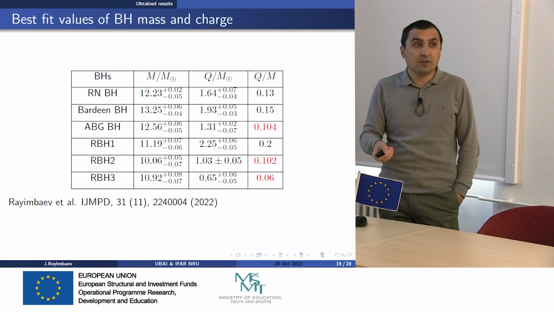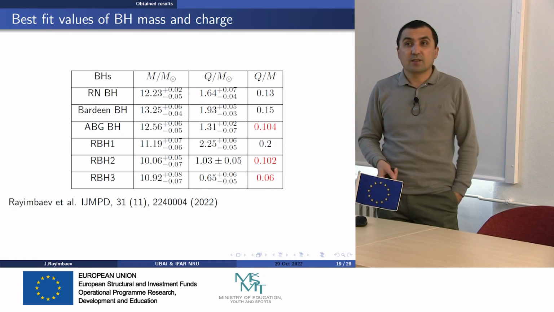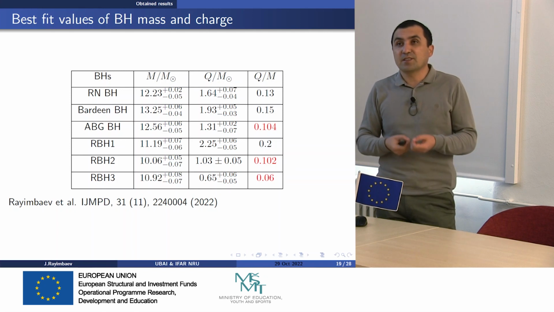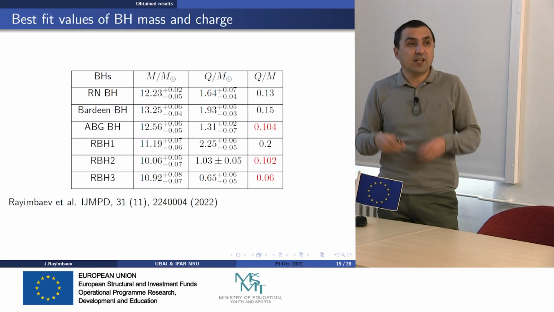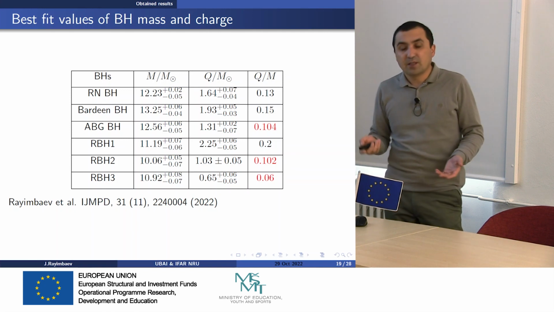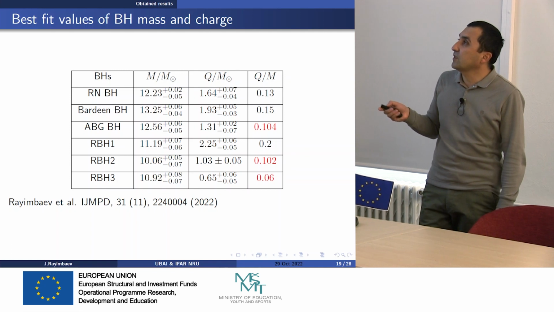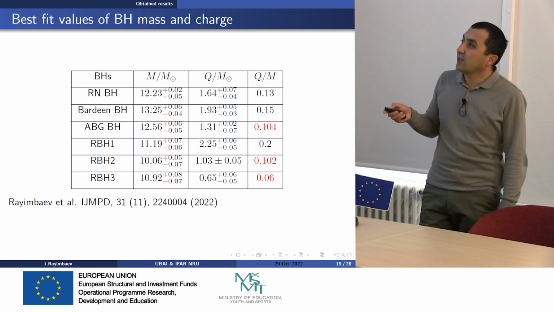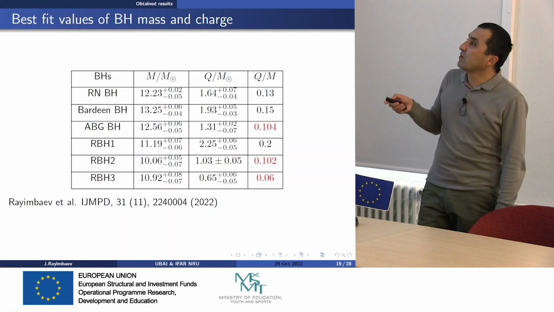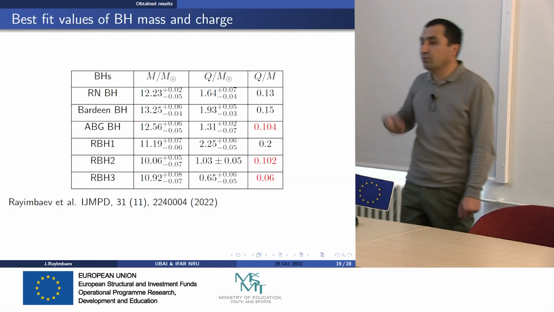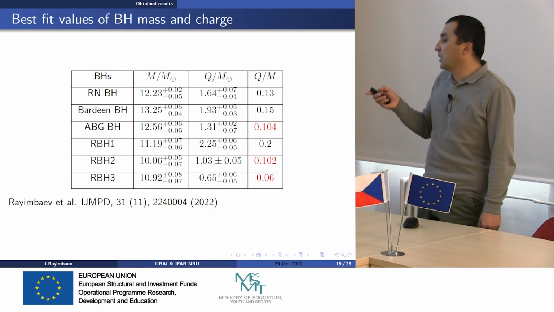It should be very low, because it is unbelievable how such an amount of electric charge accumulates. So from this point of view, these models, RBH 2 and 3, obtained by Wiltshire, are more astrophysically relevant, and the Ayón-Beato-García can also be considered as an astrophysical black hole.